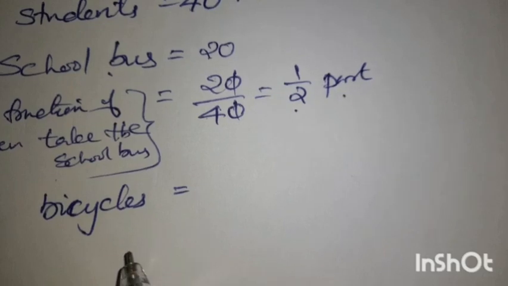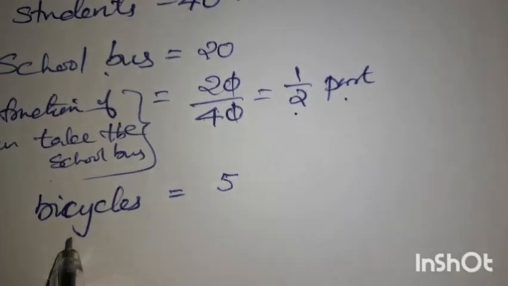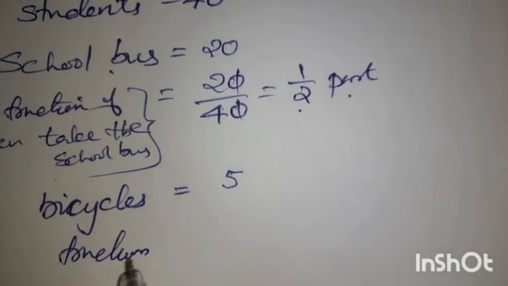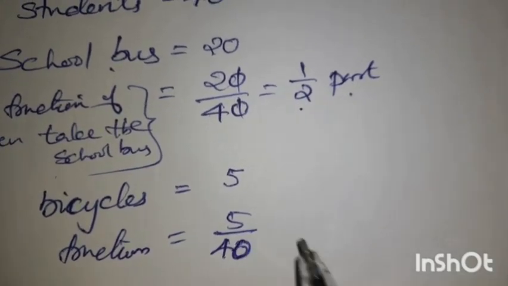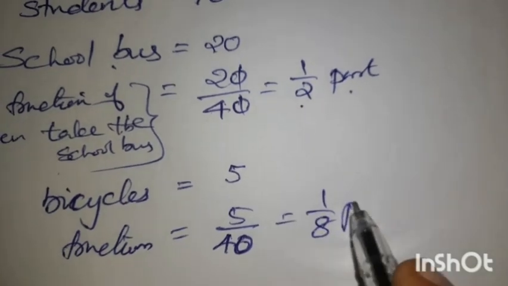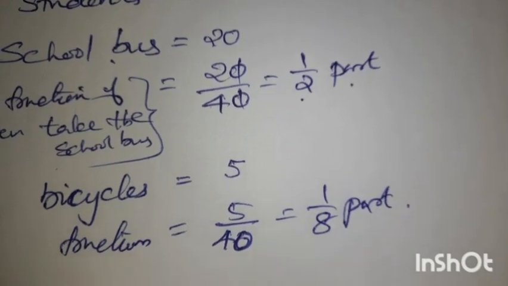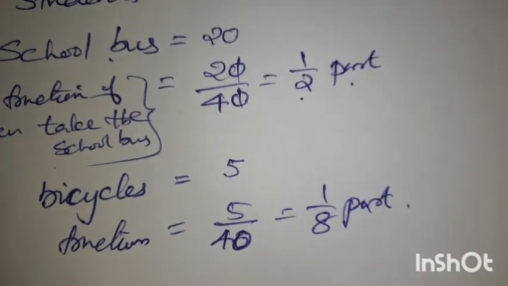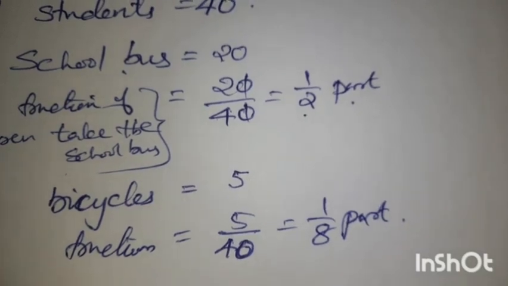And those who come by bicycle, how many are there? 5. So how much fraction? So 5 divided by total students 40. So that means 1 by 8 part of total students. So 1 by 8 part you have to mark in the circle. And how will you mark this 1 by 8th part?